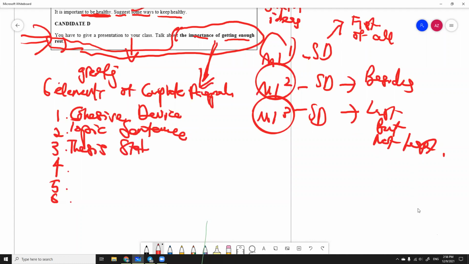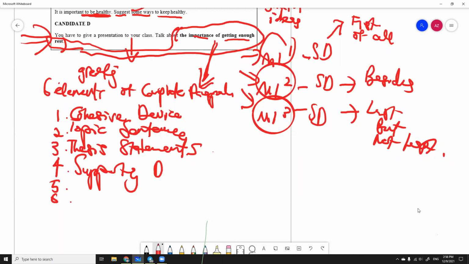So the points that you managed to come up with for main point 1, main point 2, main point 3 are considered your thesis statement. And then all thesis statements must be supported with SD. SD stands for supporting details, yeah?